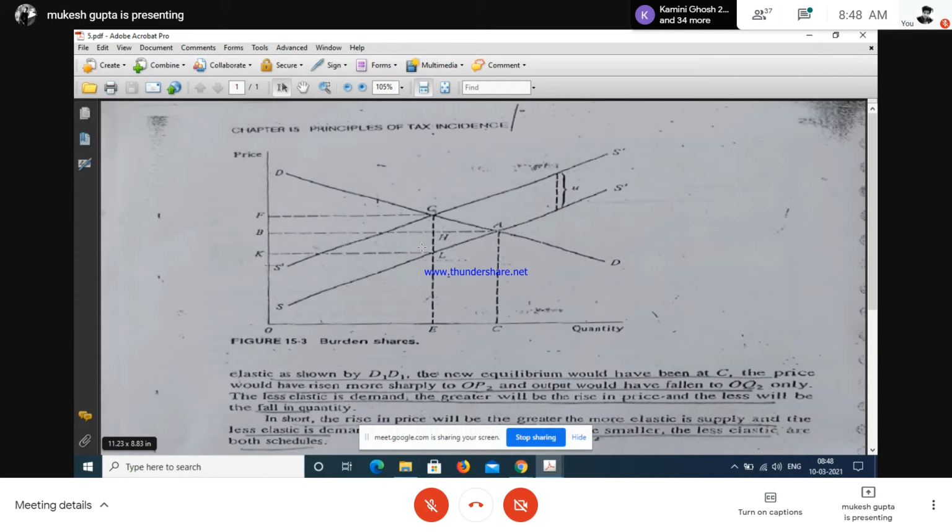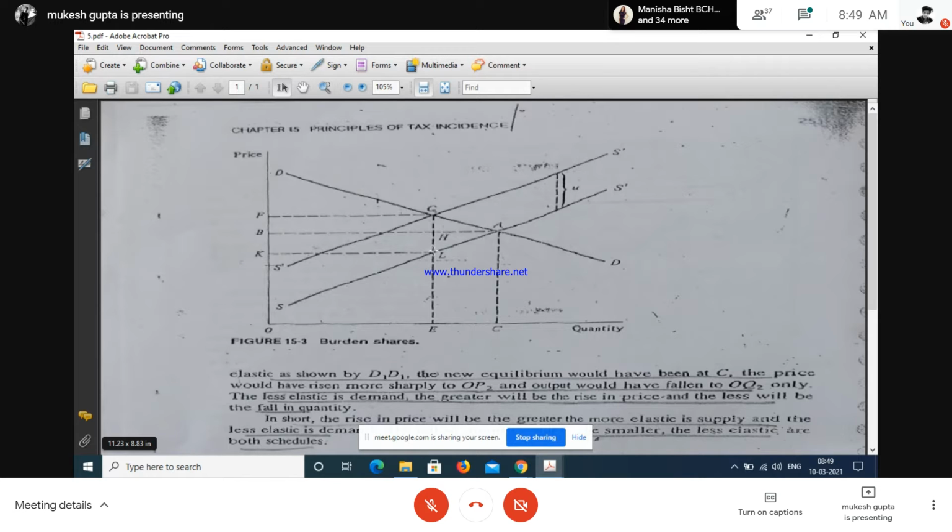This rectangle area is the government revenue. Earlier the buyer was paying OB and the seller was also receiving OB, so HL is the burden shared by the seller. How much of the burden is shared by buyer and seller depends upon the elasticity of demand and the elasticity of supply. That's it for the last chapter.